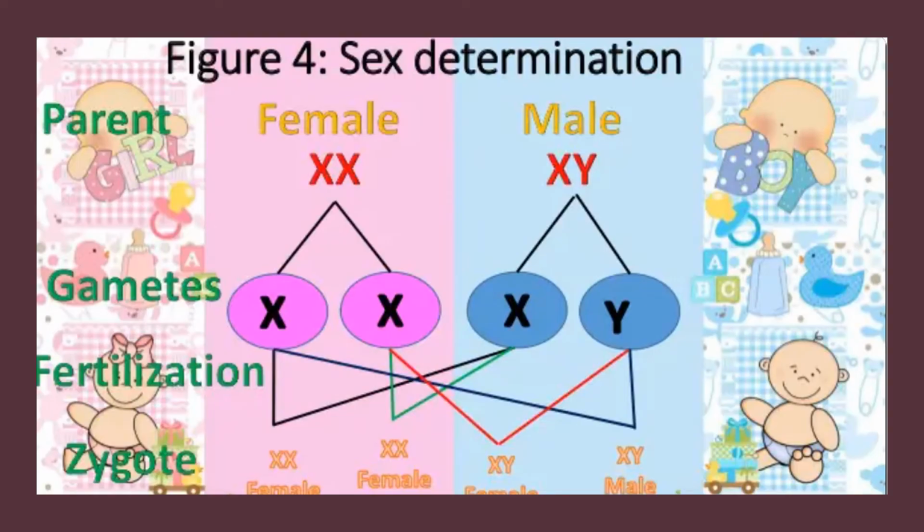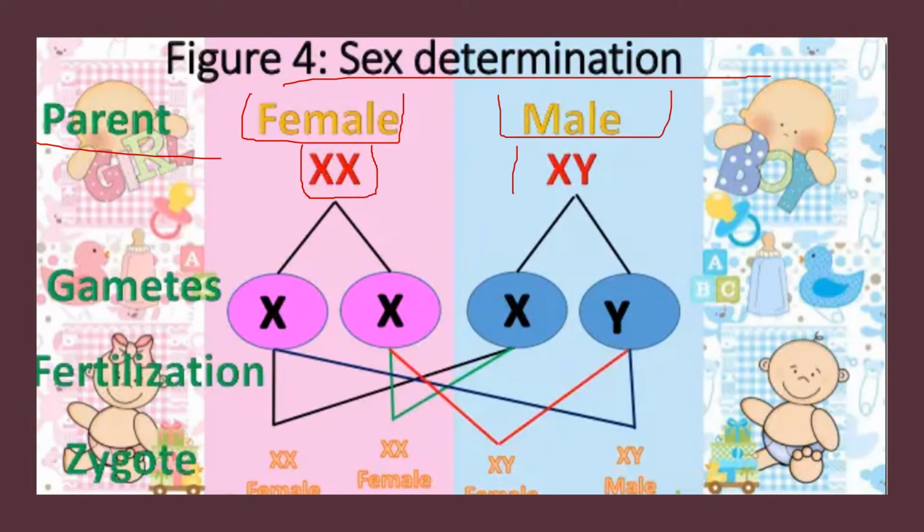So figure 4 displays the sex determination, para magkaroon ng babae or lalaki na baby. So here you have your parent, your mother, XX chromosomes on the 23rd pair. For the father, you have XY on the 23rd pair of chromosomes. And then yung gametes nila, this would be the ova.